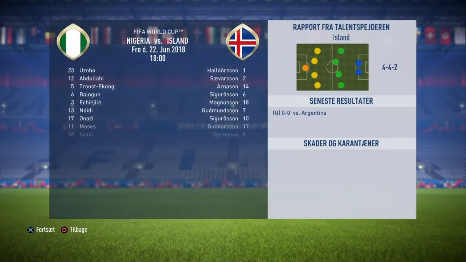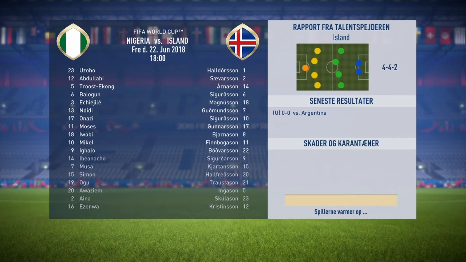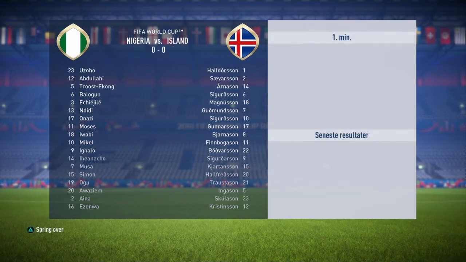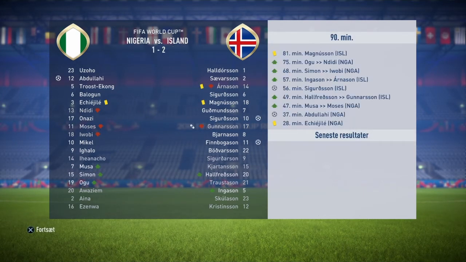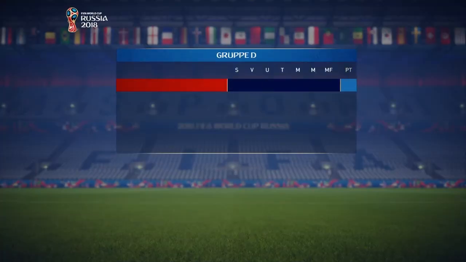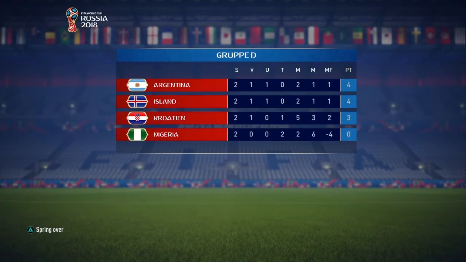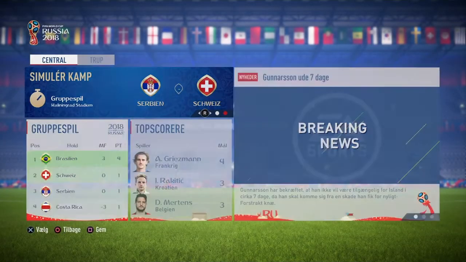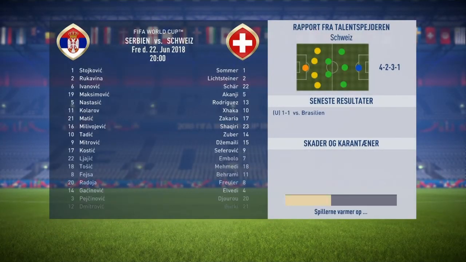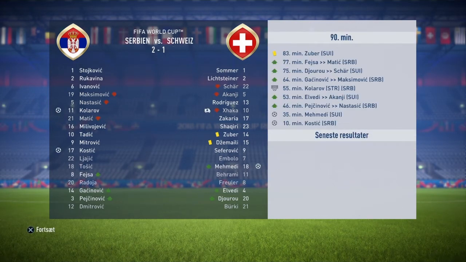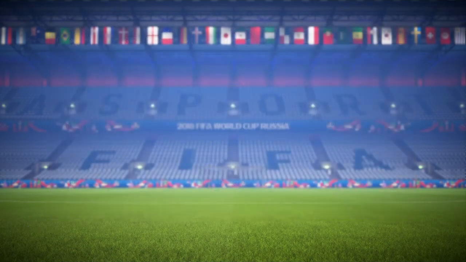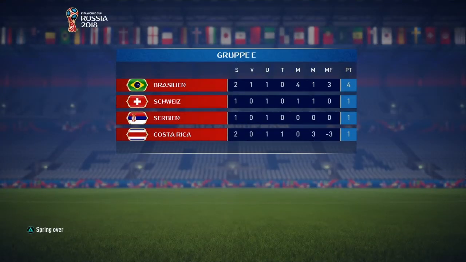Now we got Nigeria against Iceland, which ends in a 2-1 victory to Iceland. So my talk about Nigeria possibly going through is not happening. If Iceland goes through instead of Croatia, that would be an upset in the real World Cup, I think. Serbia against Switzerland, it's a 2-1 victory to Serbia, and that means they go up on the same amount of points as Brazil.